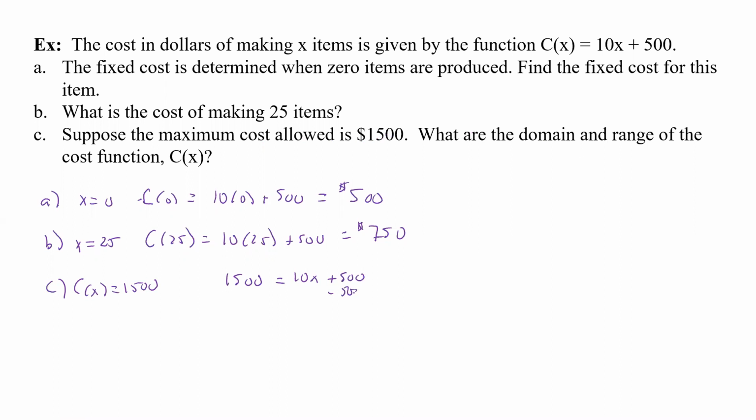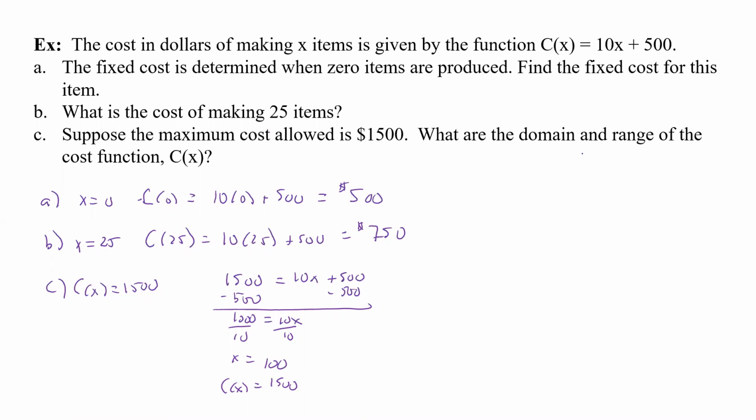So we subtract 500, and so we get 1,000 equals 10x, divided by 10, and so x is equal to 100. Okay. So here we have the point x is 100 and c of x is equal to 1,500. And so that's going to be our max.